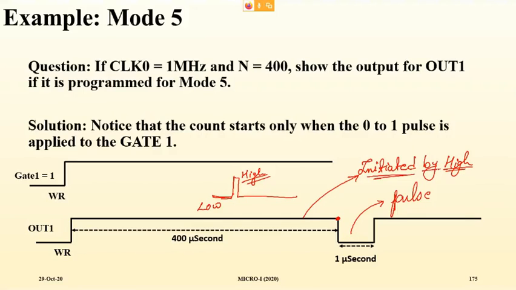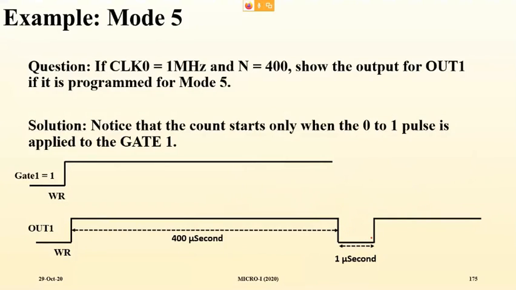So output will start from high itself, and then whatever transition you make, whether you make it a counter, a square wave generator, or a pulse generator, the transition always goes from high to low, and that we call a pulse in 8254. This is the only thing that you have to remember, and for the rest, keep an eye on the waveforms, and done.